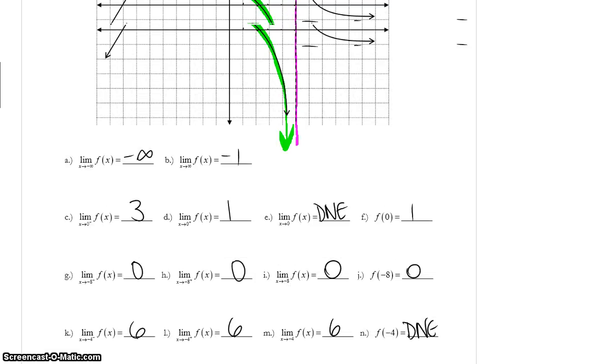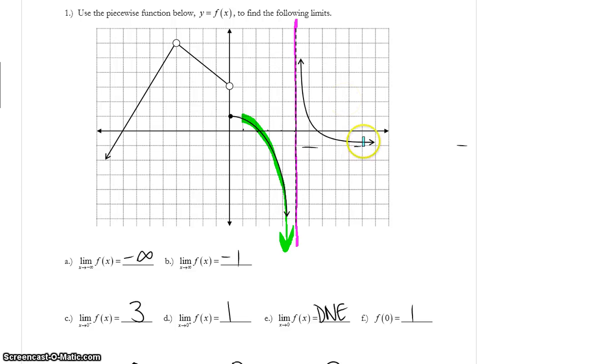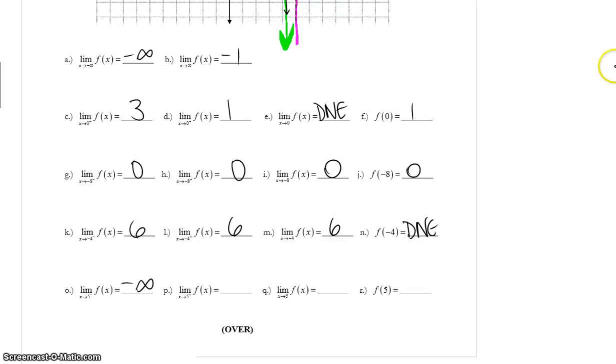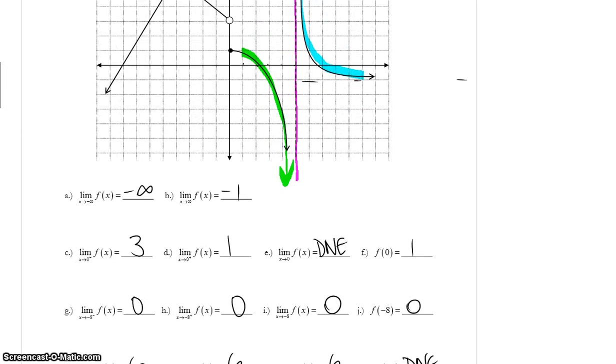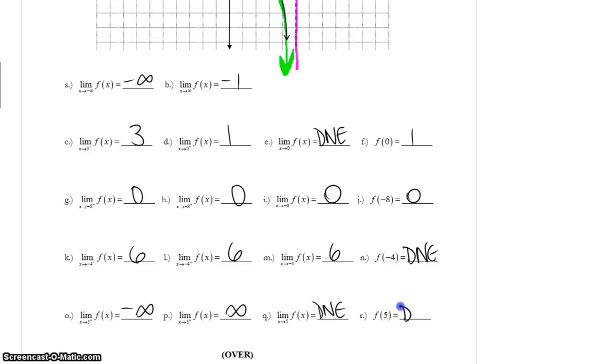And from the right, it approaches positive infinity. And again, when the left-hand and right-hand limit are not the same, the limit at that value does not exist. And f of 5 does not exist as well because we have an asymptote there.